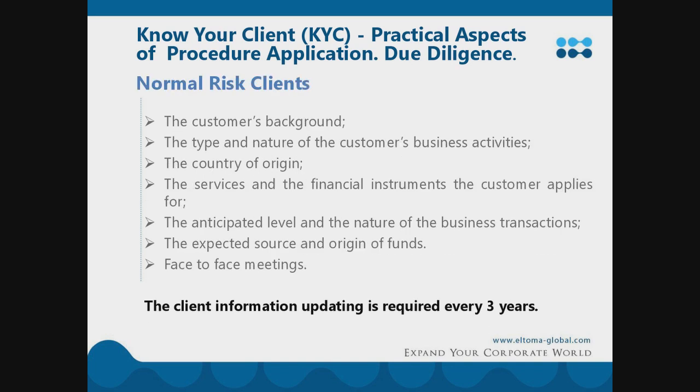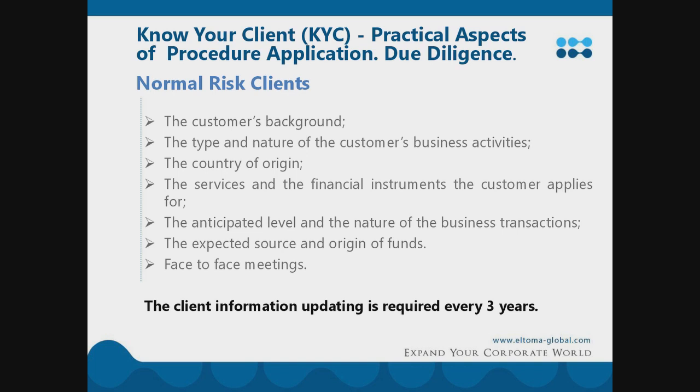Who are normal risk clients? Normal risk clients are clients with a good background, whose type and nature of business activities is clear, and the country and region are normal. For example, they come from EU countries, from well-developed Asian countries, from the United States.